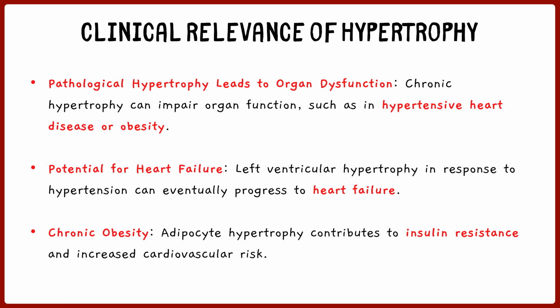So, adipocyte hypertrophy contributes to insulin resistance and increases cardiovascular disease, like we mentioned. So, basically, the pathological conditions go hand in hand with the clinical relevance of hypertrophy. Again, the insulin resistance is going to be leading to type 2 diabetes and even more further increased cardiovascular risks and can be very dangerous for the patients.